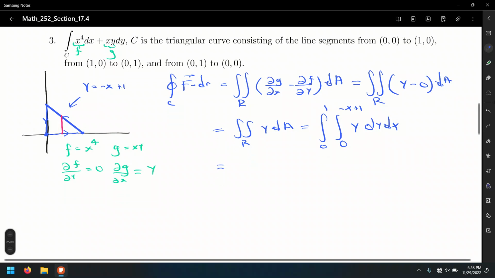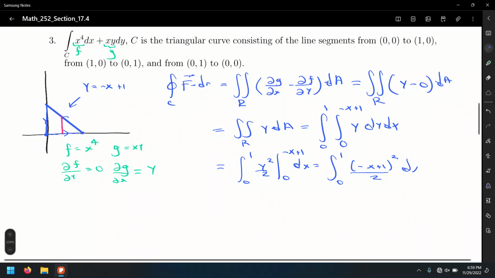All right, so all we have to do is evaluate this double integral. Integrating with respect to y, that's the integral from 0 to 1 of y squared over 2, evaluated from 0 to negative x plus 1, dx. Using the fundamental theorem again, that's the integral from 0 to 1 of (negative x plus 1) squared over 2 minus 0.